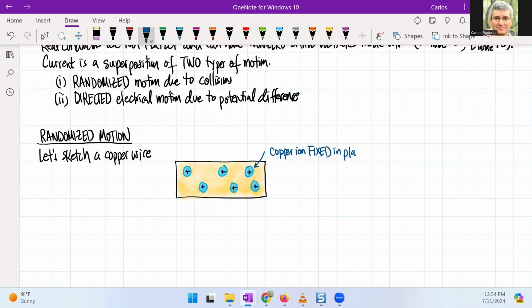In other words, they cannot move. But on average, let's say that each copper atom has one electron associated with that copper atom. So these guys right here are the weakly bound conduction electrons.